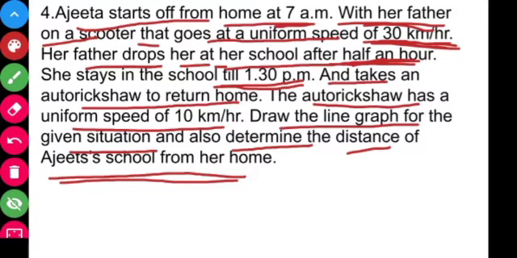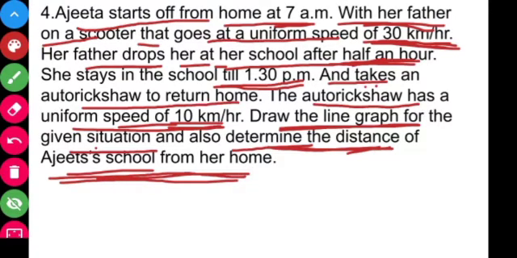Now she takes the auto rickshaw to return and the speed of the rickshaw was 10 km per hour. The question says draw the line graph for the given situation. To draw this, you have to make a distance-time graph. It is also given to find the distance of Ajita's school from her home.